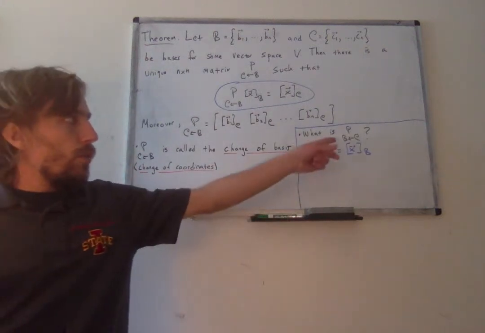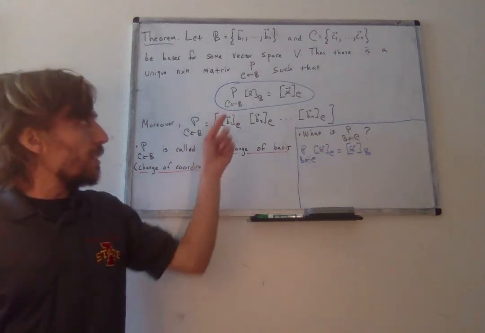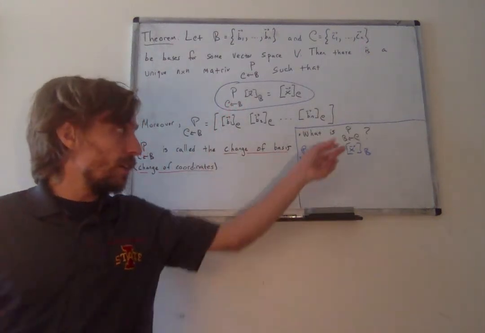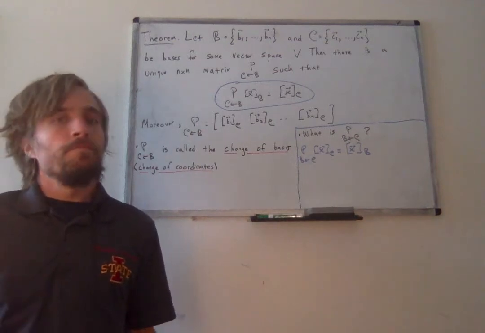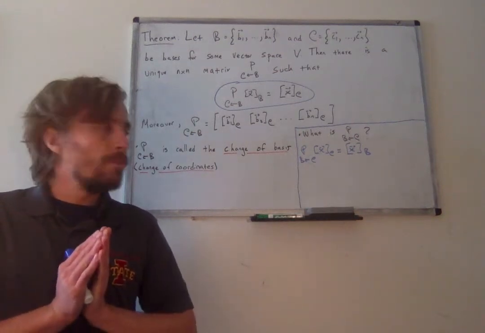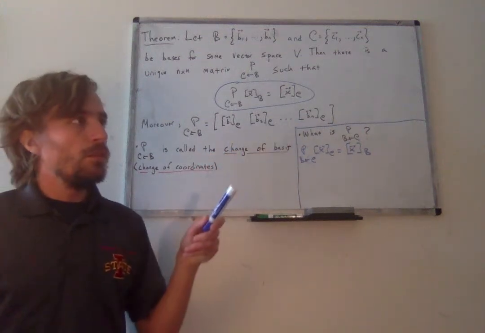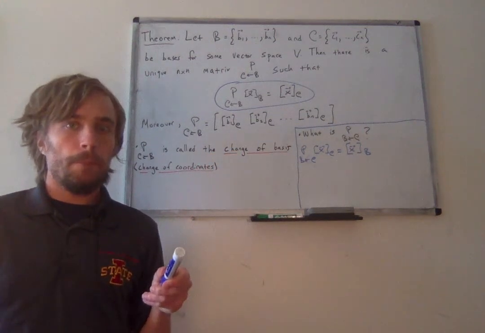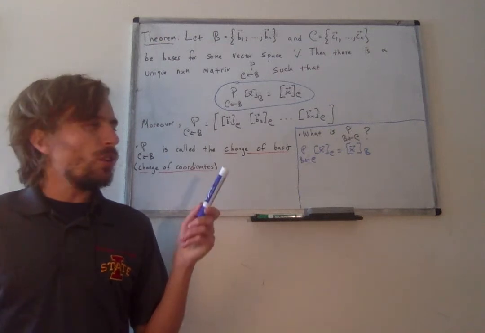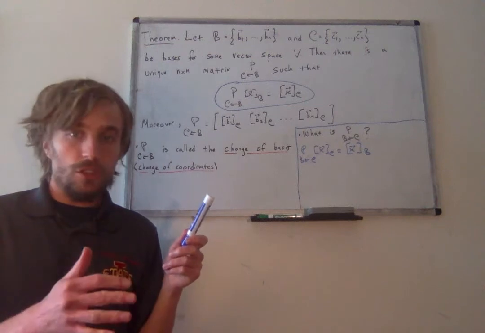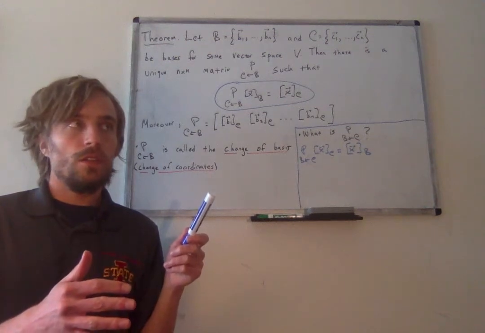So how could we calculate this? Let's say maybe I've calculated this one matrix and I don't want to go through all of the process of calculating this other matrix. Well, notice the columns of this are all basis vectors, right? They're not quite B basis vectors, but they're C representations of B basis vectors.